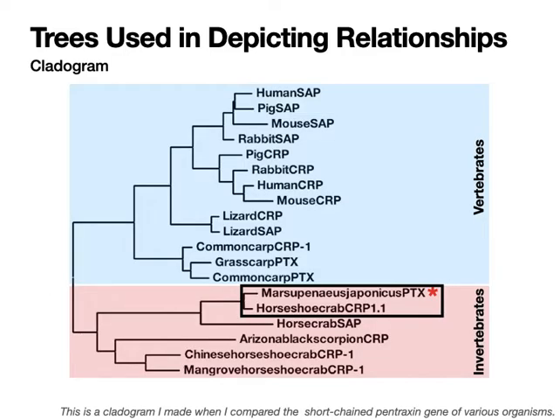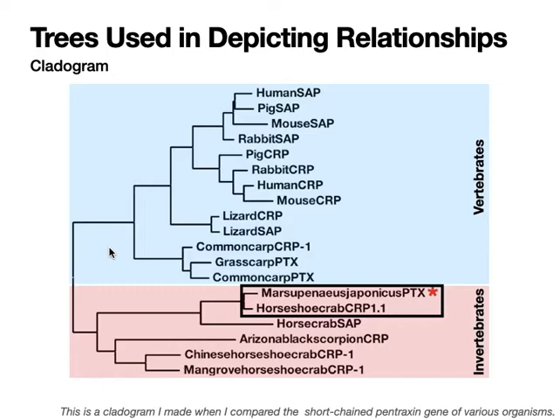So an example of cladogram here is the one that I made when comparing a gene of various organisms. So ito naman siya, I simply plugged in the molecular data. So basically, raw sequences, and then I did multiple sequence alignment, and then basing on the sequence, I was able to come up with a tree that differentiated vertebrate and invertebrate counterparts of this gene.